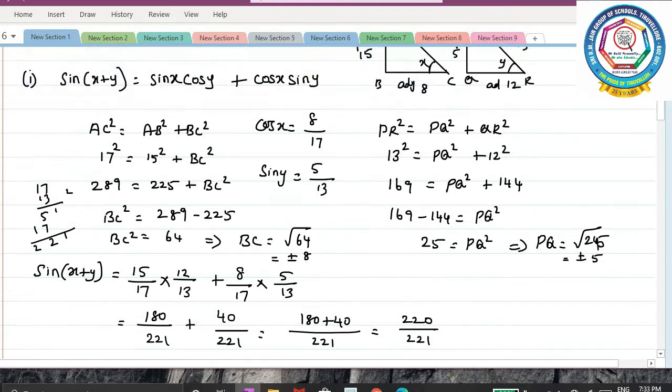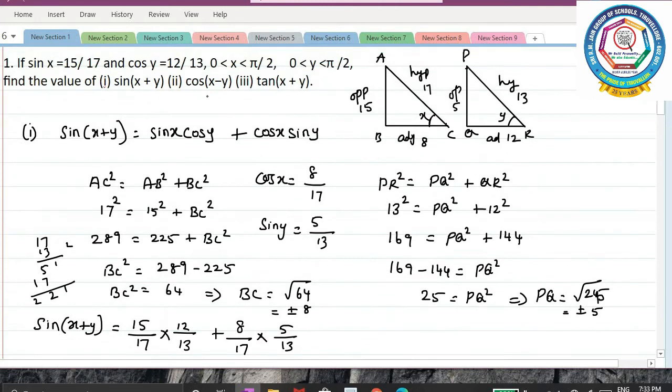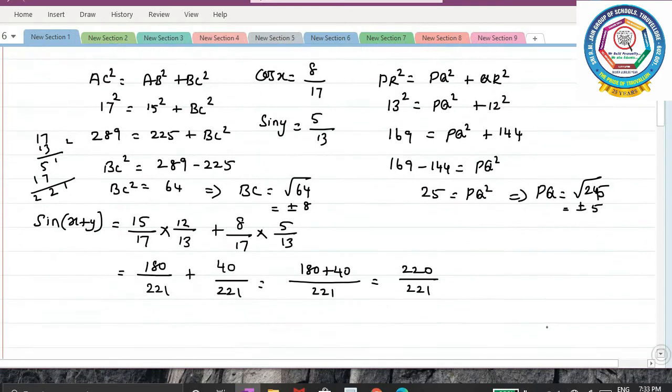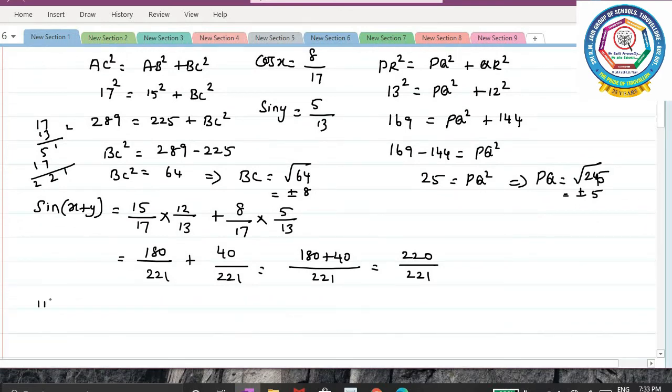Next one, second subdivision, cos of x minus y. So what is the formula? Cos of x minus y equals cos x into cos y plus sin x into sin y.